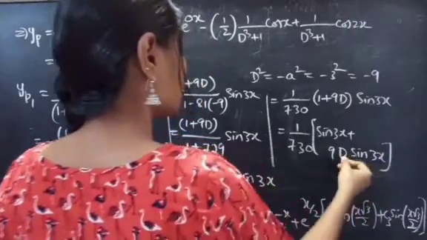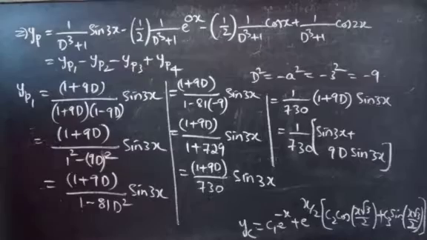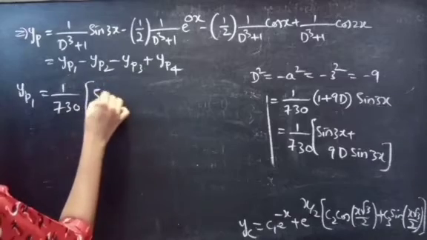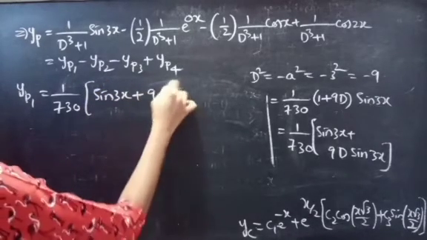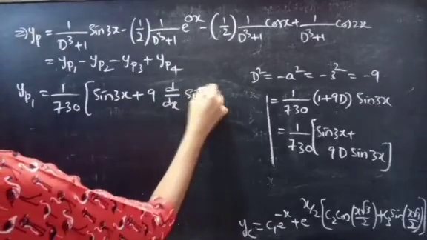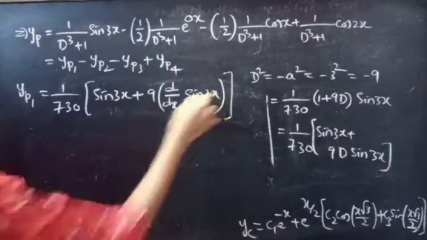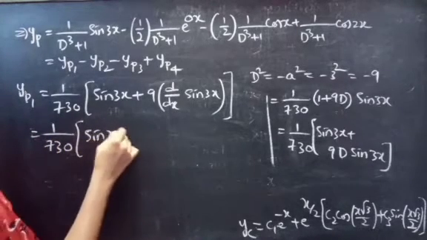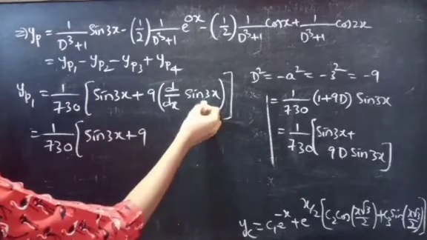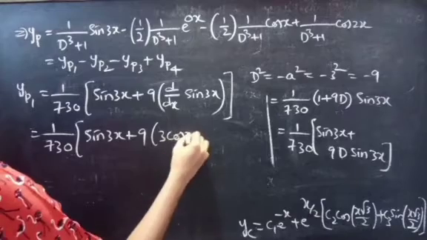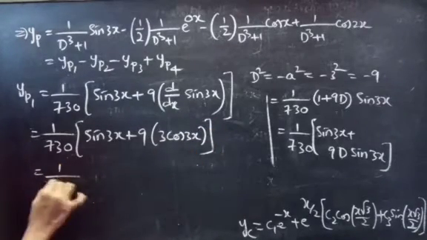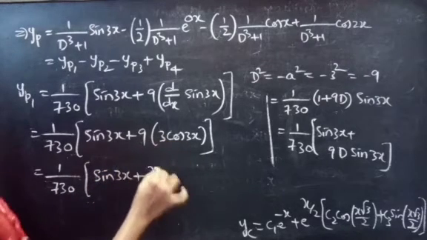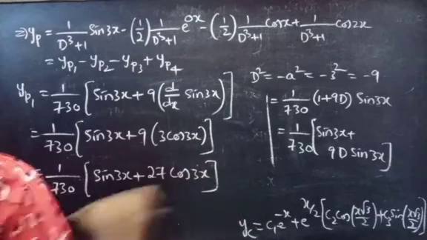We know that D is a differential operator. So we can write this as 1 by 730 into (sine 3x plus 9 into d by dx of sine 3x). Now we need to find the derivative of sine 3x with respect to x. It equals 1 by 730 into (sine 3x plus 9 into 3 cos 3x), which equals 1 by 730 into (sine 3x plus 27 cos 3x), since 9 threes are 27.